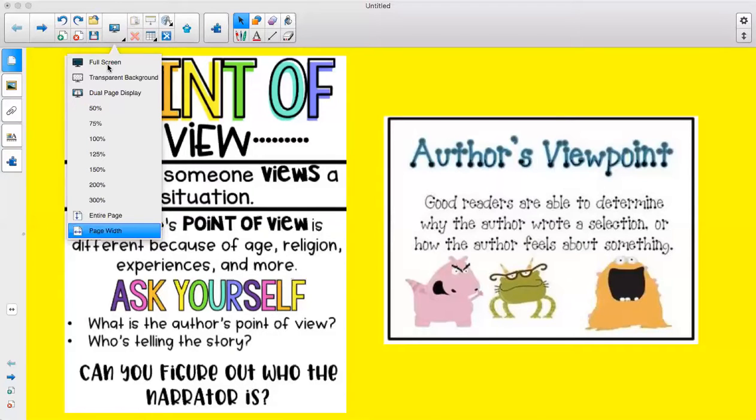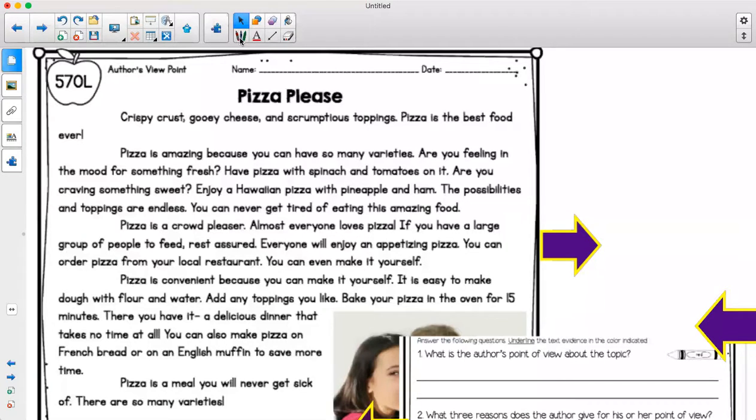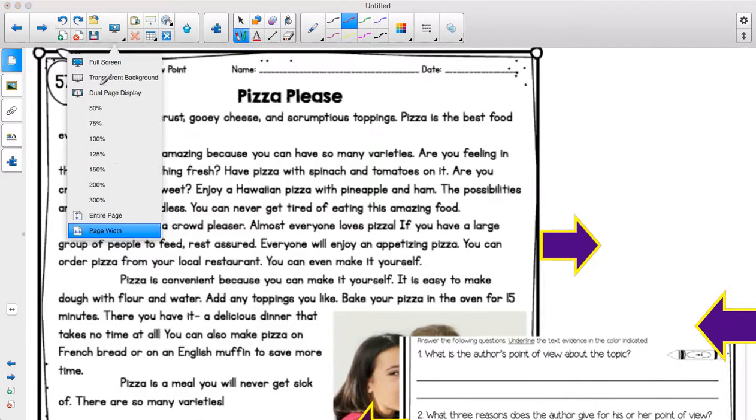Let me go and grab the red crayon here. All right. I do think that pizza is the best food ever is the author's point of view about pizza. Okay.